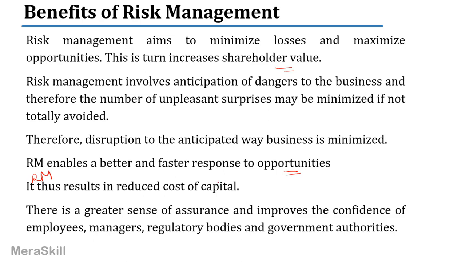But let us say I run another company where there are no risk management processes in place. The banks will not feel safe to lend money to that organization, and if they do lend, they will lend it at a higher rate of interest. So the cost of capital will go up if there is no proper risk management process.